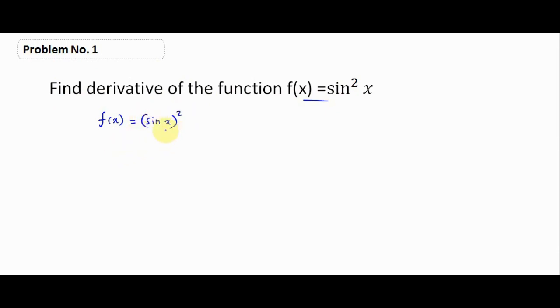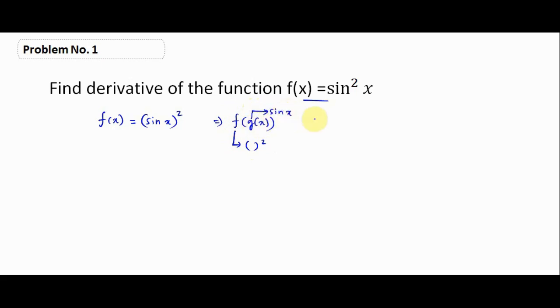Now in this case it is in the form f of g of x. f represents the outside function and g represents the inside function. By looking into this expression, we may distinguish both outside and inside functions. Outside function f will be the square function and inside function g will be sin x.